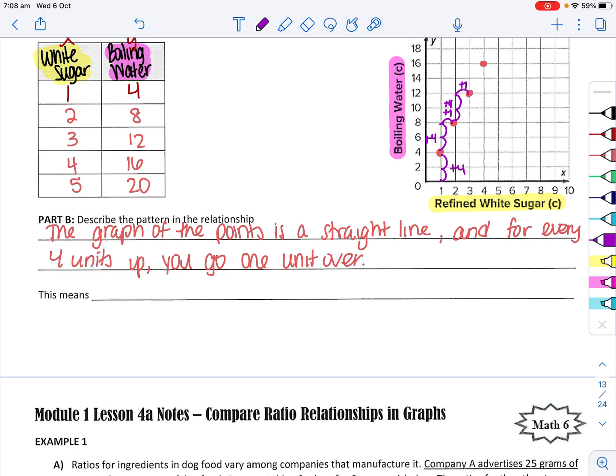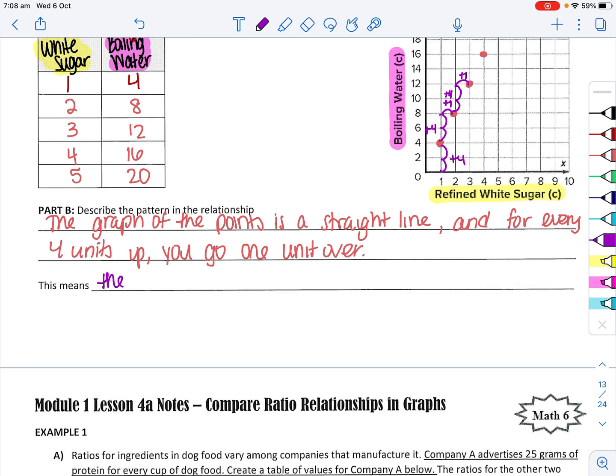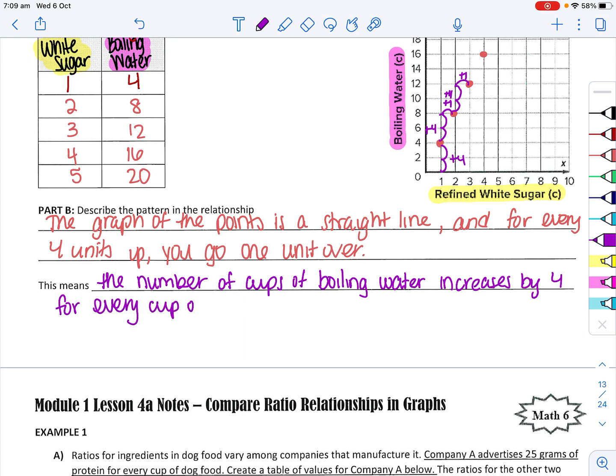And this means the number of cups of boiling water increases by 4 for every cup of refined white sugar.